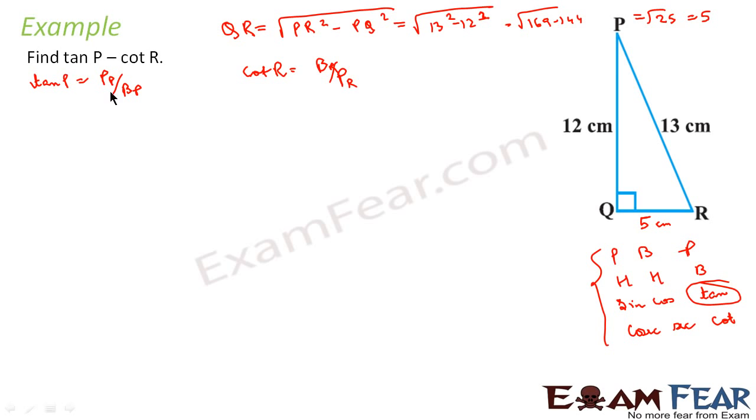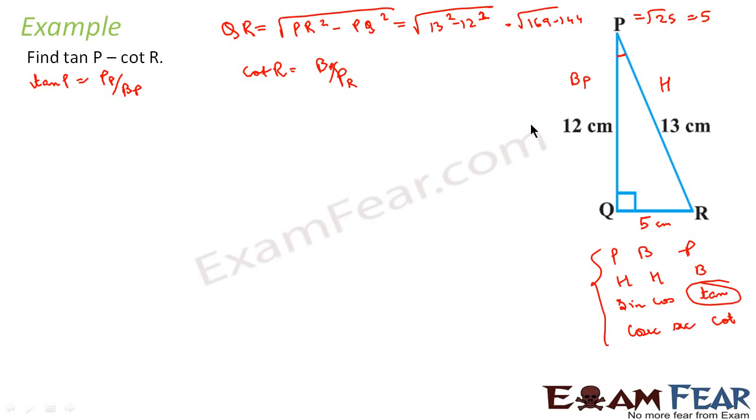Please note this frame of reference is very important. When I am taking angle P as the frame of reference, the biggest side is the hypotenuse, there is no doubt on this. So this adjacent side becomes the base when P is the frame of reference.